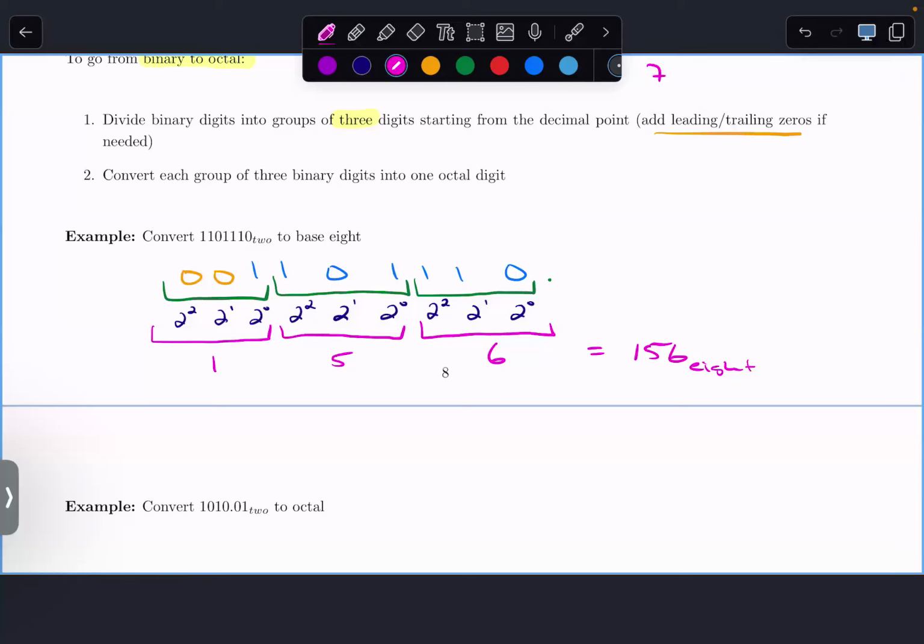So even though we converted to base 10, it kind of hangs out in base 8 anyway. You can confirm it using your calculator.